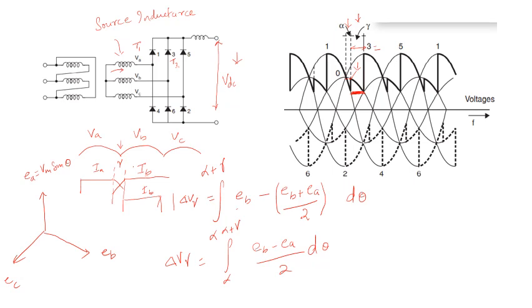Now, what happened, for EB minus EA, this will be your minus EA, and the resultant will be like this, right? So this is your EB minus EA.